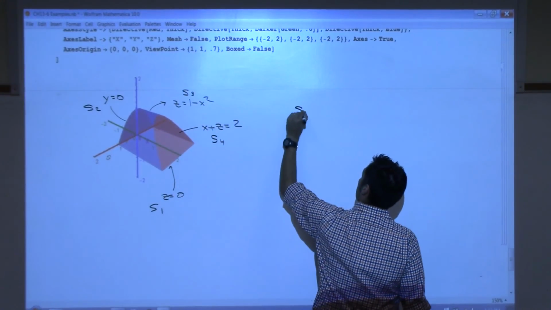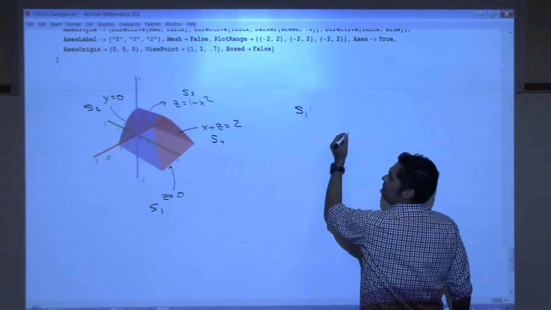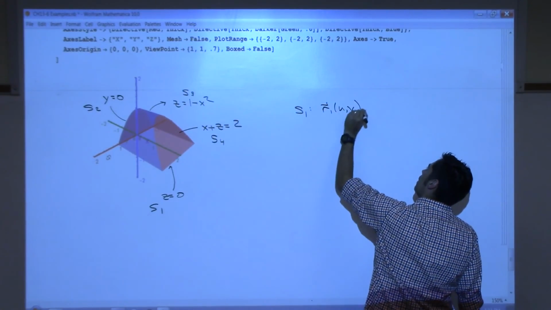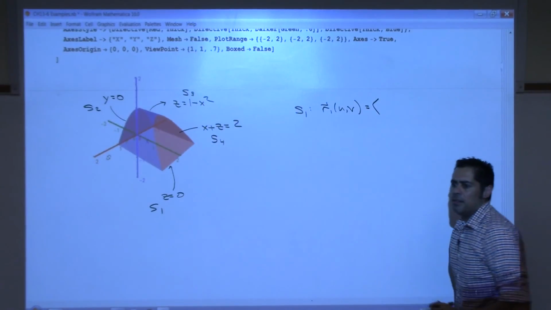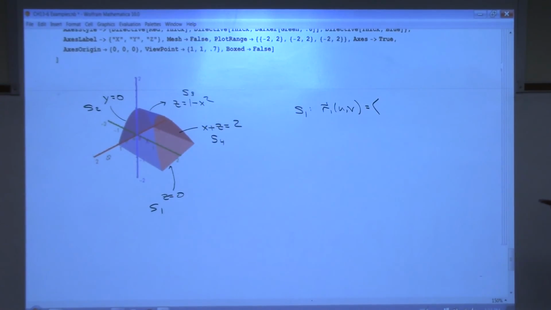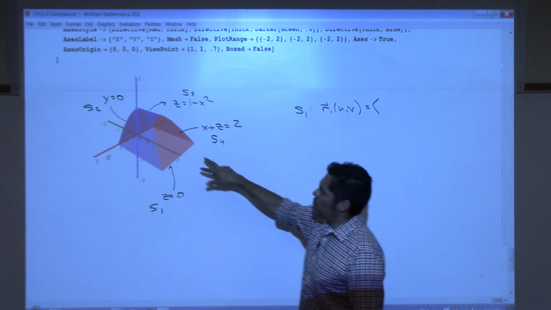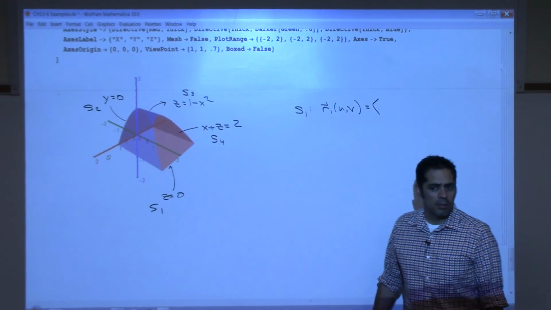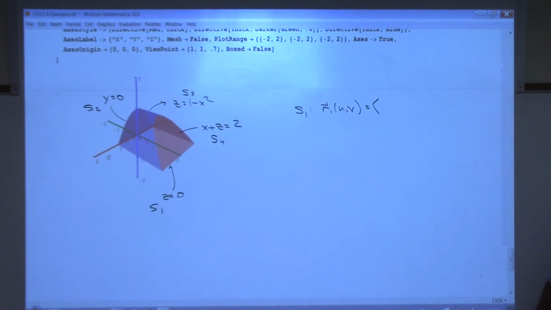So for S1, this is R1 of u, v. This is just a what? That bottom piece? Just a rectangle, right? That's as clean as you're ever going to get.